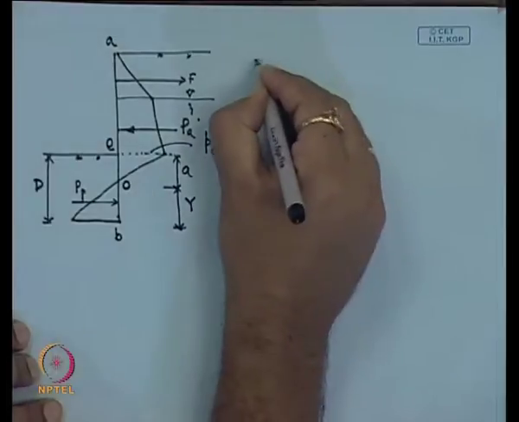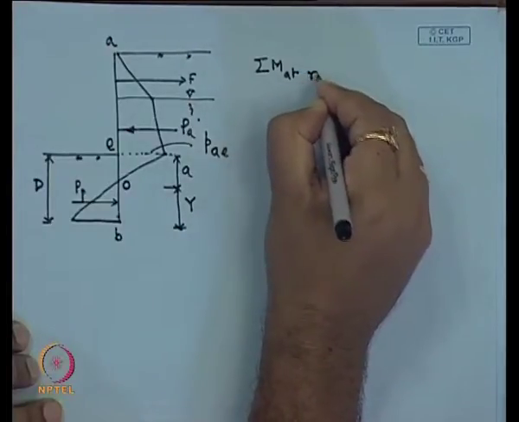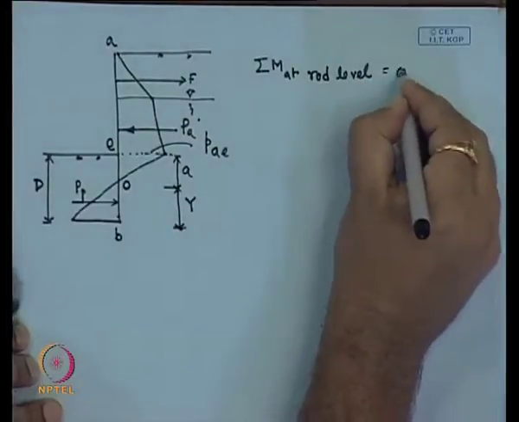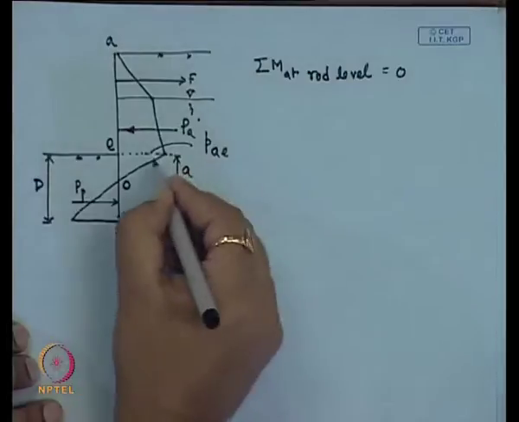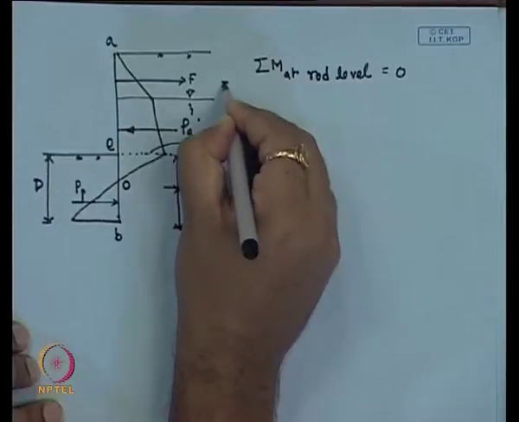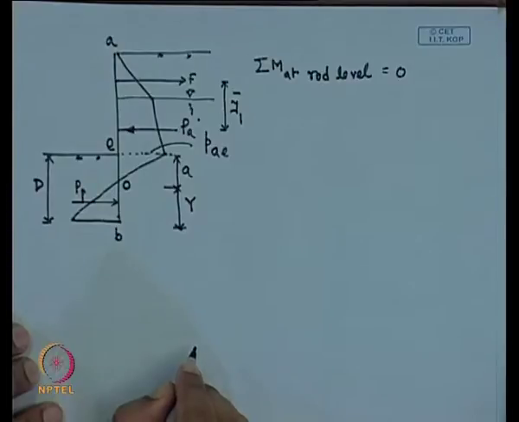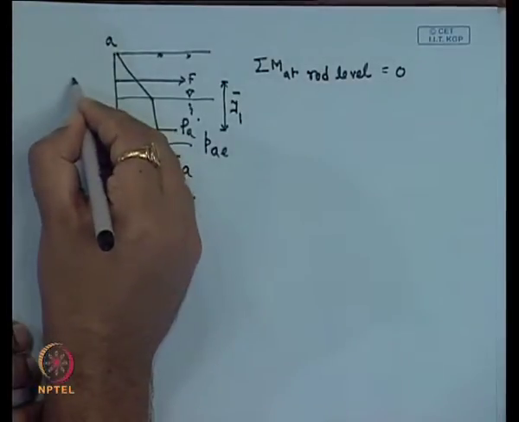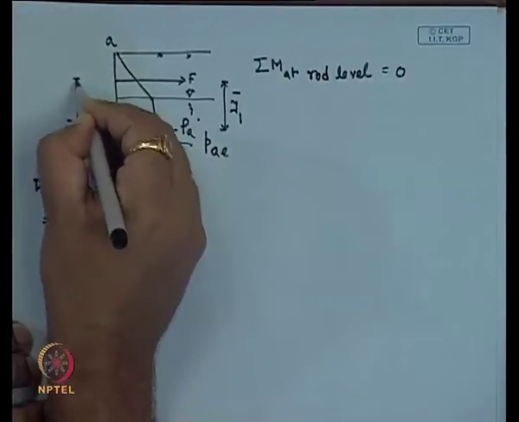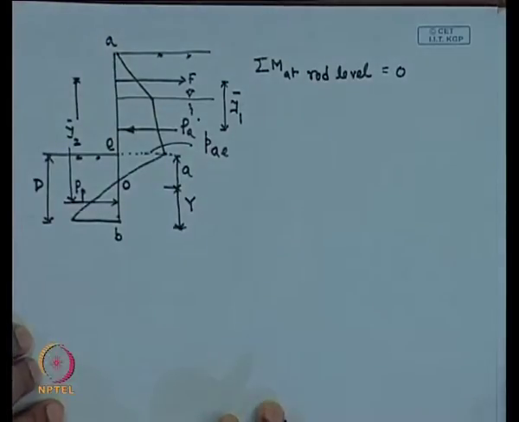Now, if I take the moment at the anchor rod level, that is equal to 0. So, this force P A is acting at a distance of y 1 bar from this rod level, and P P is acting at a distance of y 2 bar from the rod level.